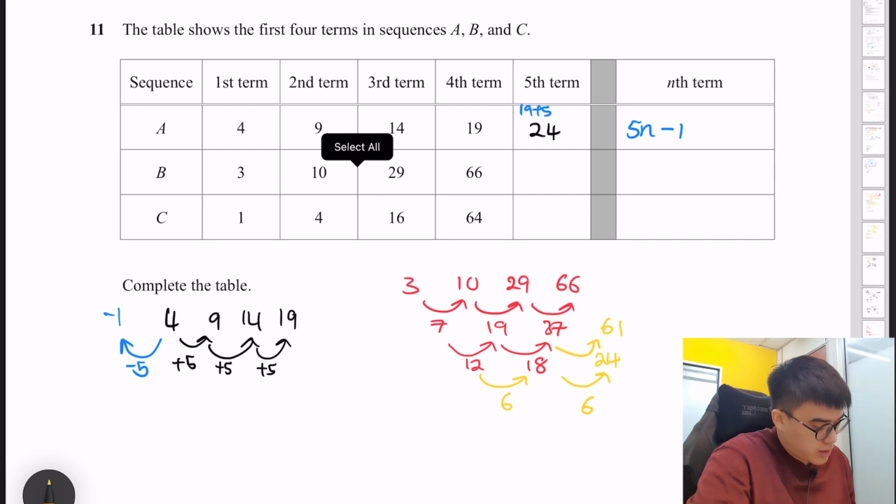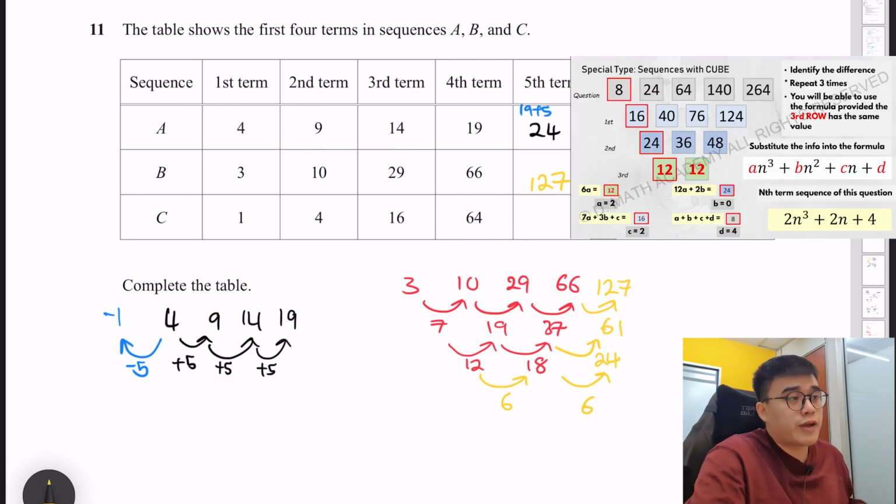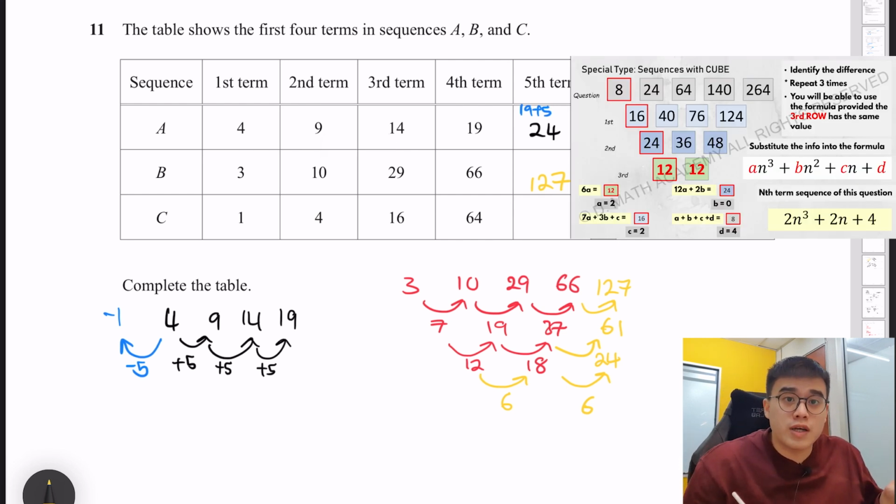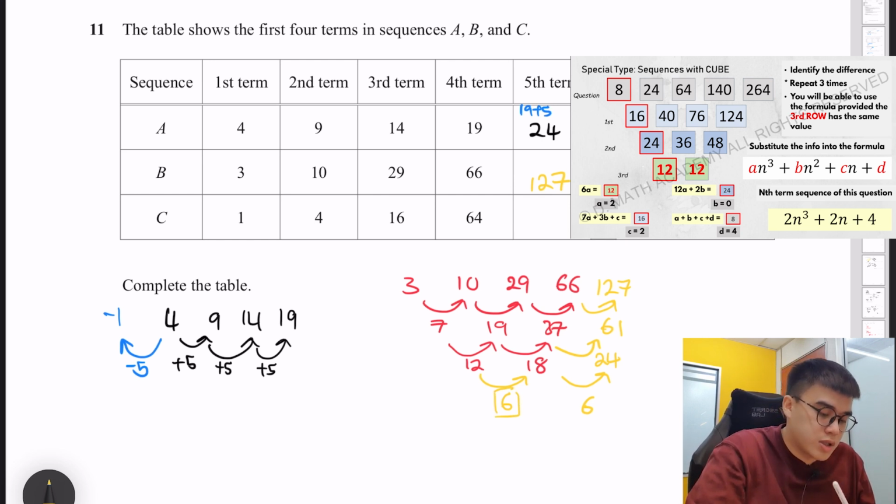So from 66 plus 61, you will get 127. So this is the assumption that I'm making, where it is actually cube related. Okay, so I will bring up a cube formula over here so that you can see. Then I will proceed with my calculation.